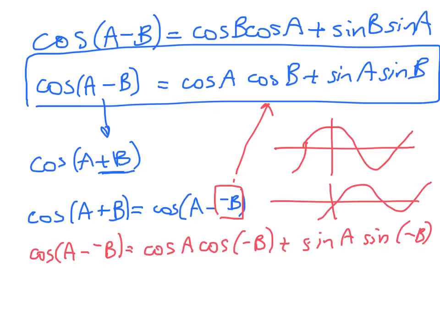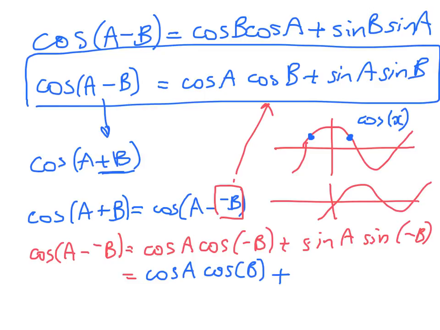We know cosine is an even function, so cosine of negative B is just the cosine of B. It reflects in the y-axis. We've used that property lots in problem solving. So cosine of any value of x is equal to the cosine of negative x.